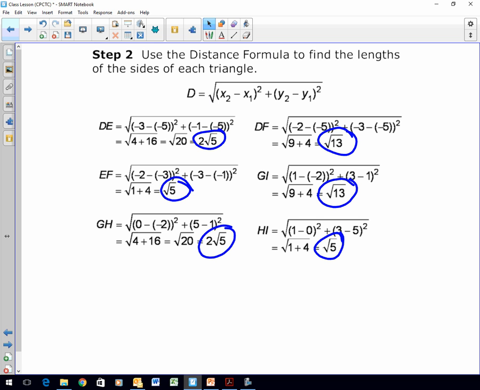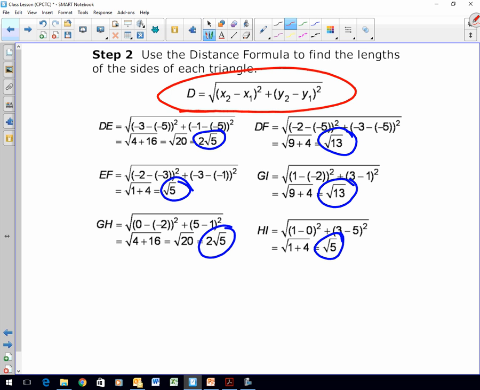Guys, this is the formula. You should have this memorized. If you don't have that memorized, we need to do it now. Distance formula is the square root of x2 minus x1 squared plus y2 minus y1 squared.